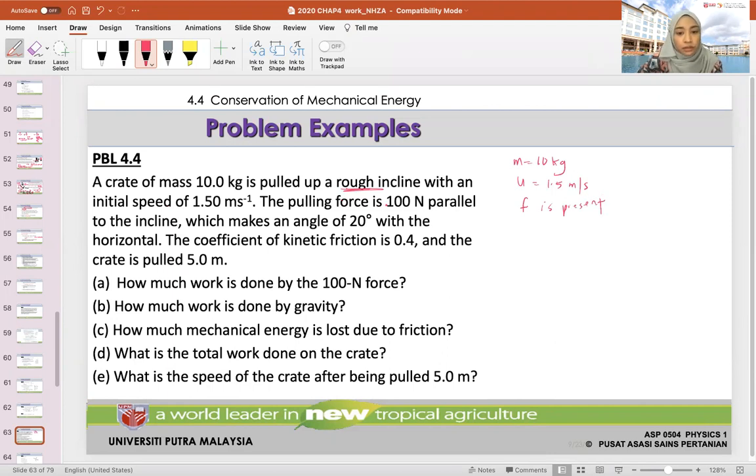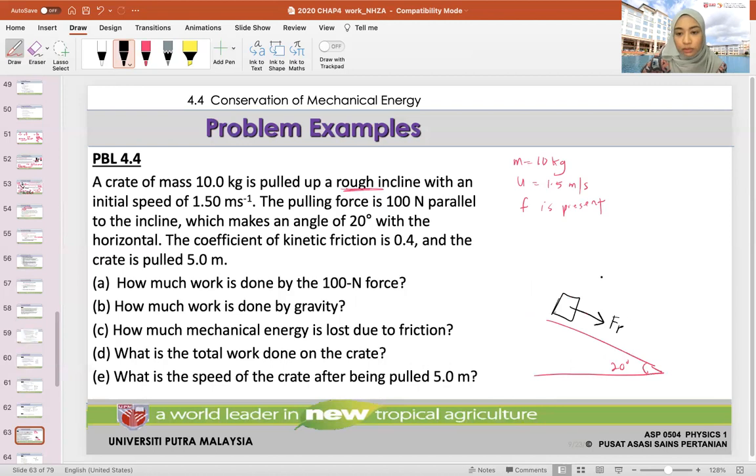A pulling force of 100 Newton parallel to the incline, which makes an angle of 20 degrees with the horizontal. If I were to draw this, it's a 20 degrees incline and there is a pulling force pulling it up.